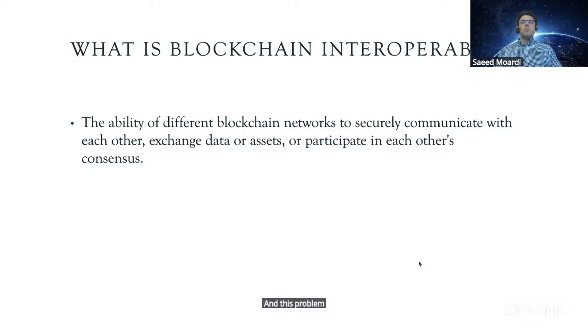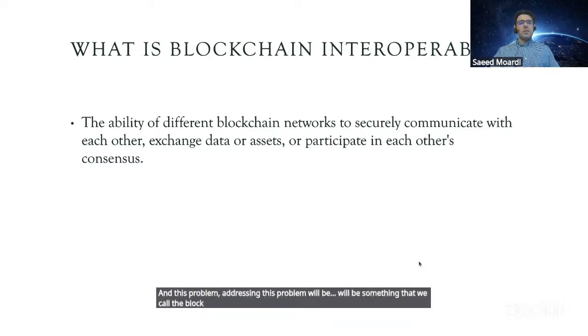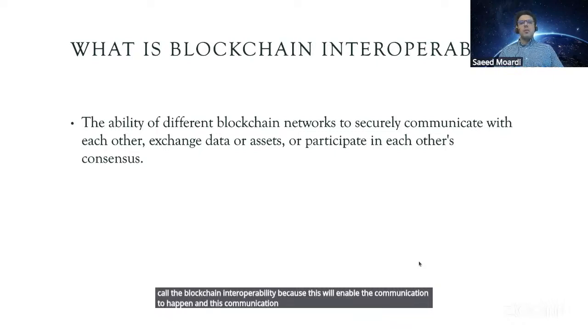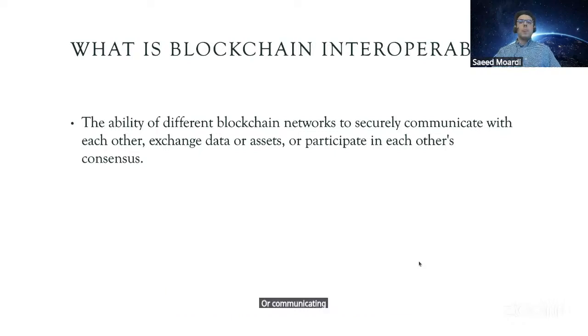Addressing this problem is what we call blockchain interoperability, because it enables the communication to happen. This communication can take different forms, as I said: exchanging data or assets, participating in their consensus, or just talking to each other in general.